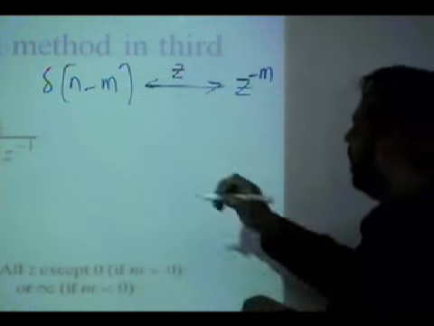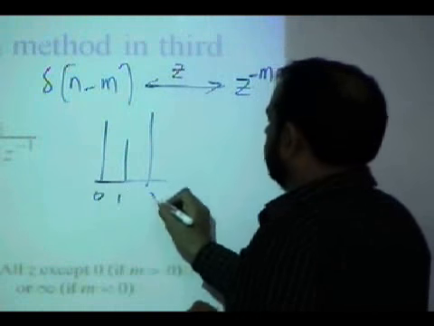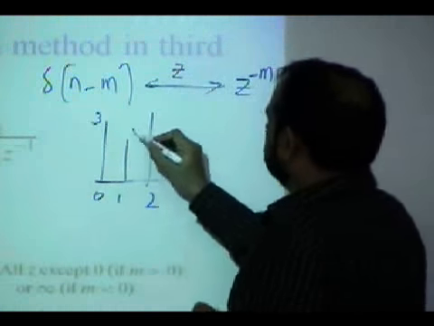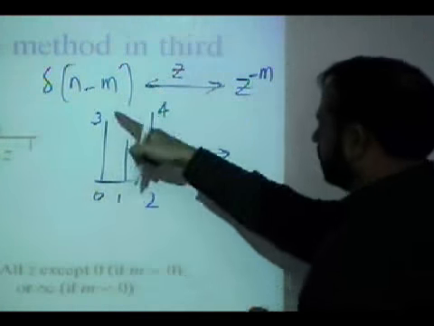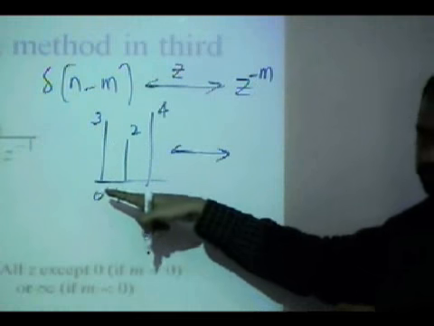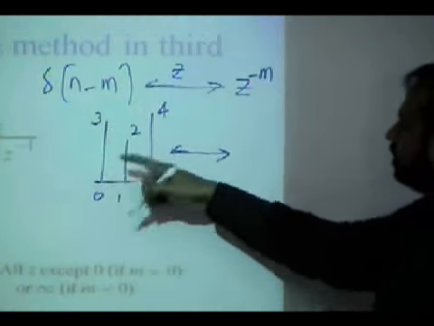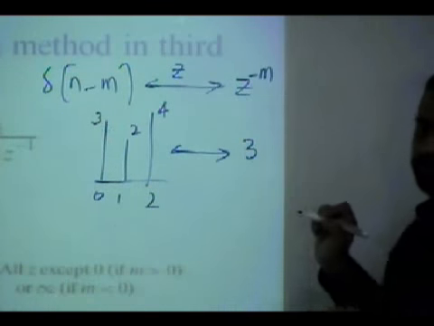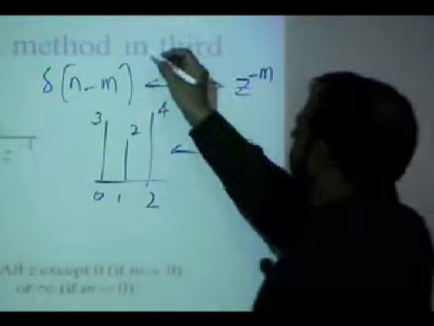For example, if I ask you what is the z transform of this: 0, 1 and 2, let's say it is 3, it is 2 and it is 4. I know this is an impulse at 0, this is an impulse at 1, this is an impulse at 2. So impulse at 0, z transform is 3, because z transform of delta of n is 1.